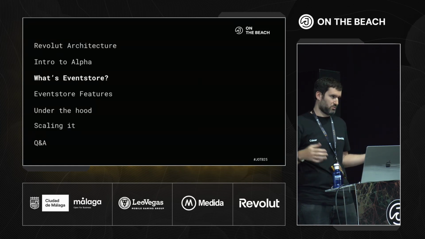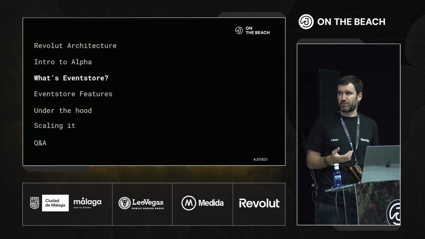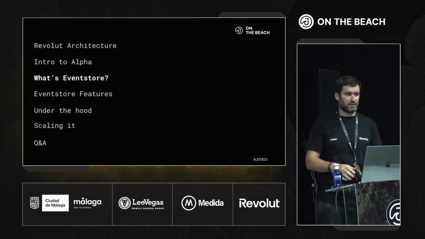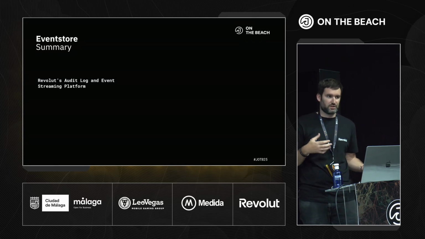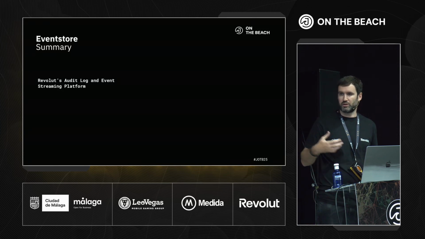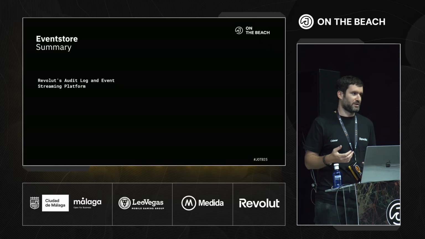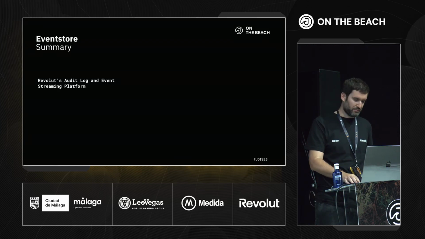So now we have this framework that produces all these events, but you need to do something with them. That's why we introduced, in the early days, this Event Store system. Event Store is our business audit log. And in addition, we have all these streaming capabilities to be able to stream events across the Revolut platform.